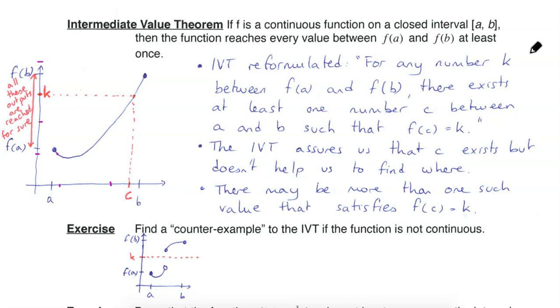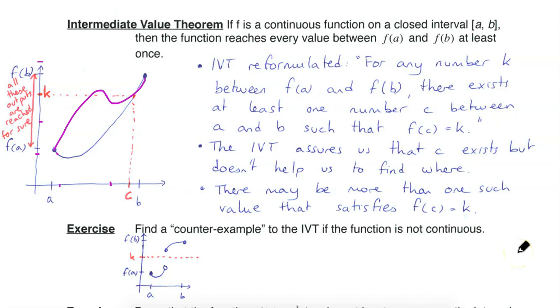It just makes a promise, yes, c exists somewhere between a and b. Moreover, the IVT tells us that there's at least one c, but maybe there are more. Who knows? If I had a function that did like that, then I would have many values of c that I could pick such that f of c equals k. So there's at least one.